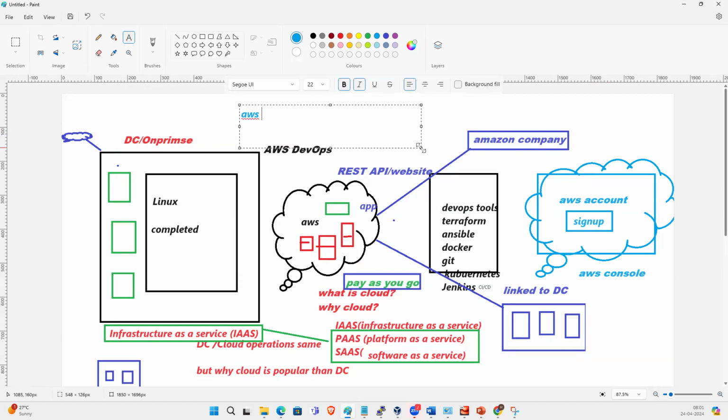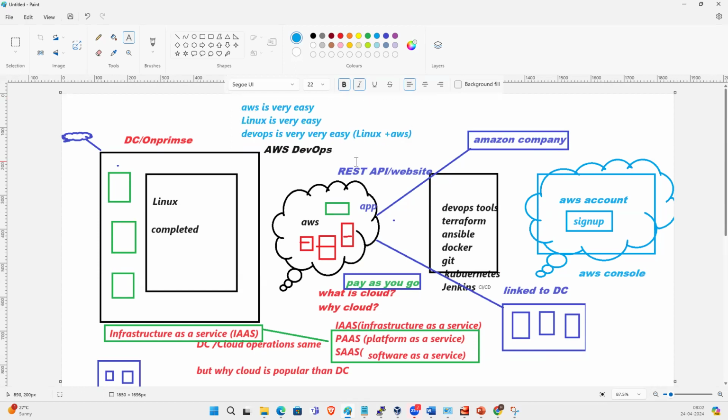So AWS is very easy, guys. Linux is very easy. DevOps is very easy, because if you know Linux and AWS, it will be easy to understand DevOps. DevOps is not a tool.